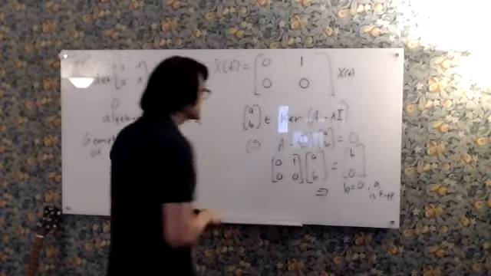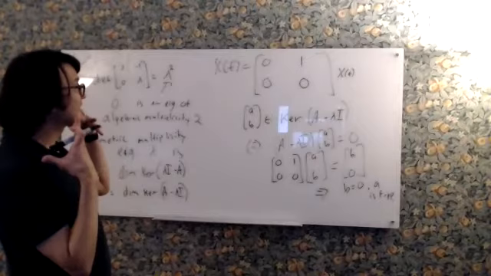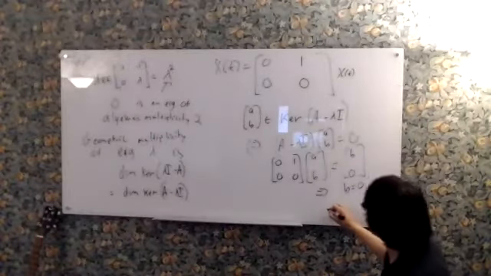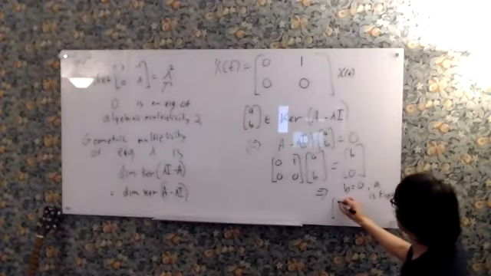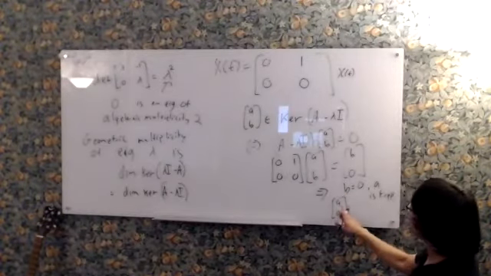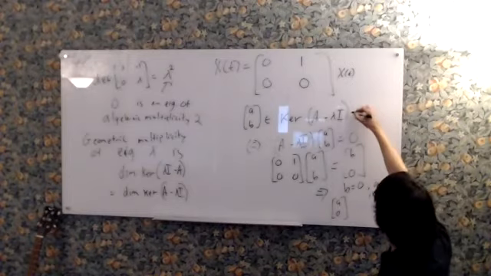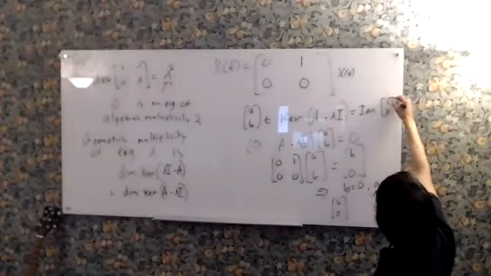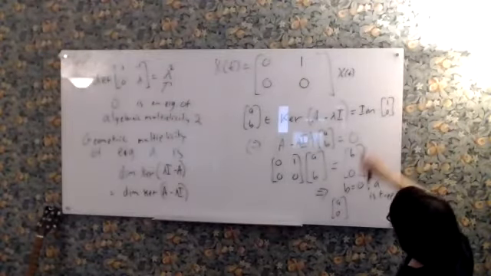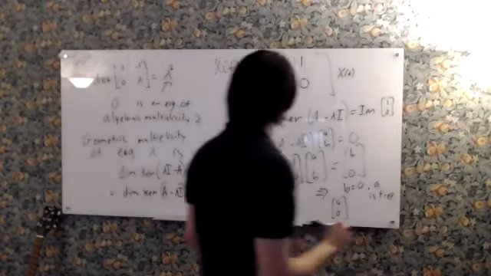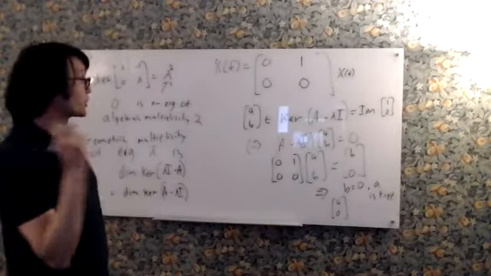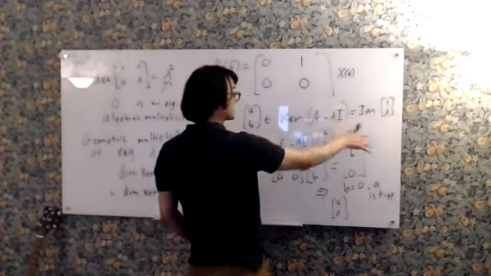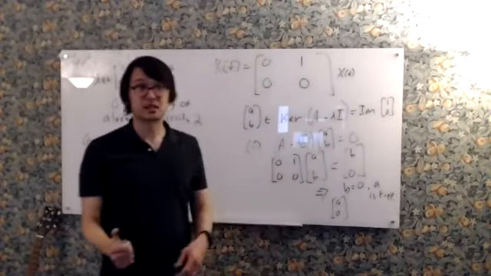So in particular, we must have this thing look something like this. Anything like that is in the kernel, the null space. So this thing is actually equal to the span of this vector, because that is a basis for all things that look like that. So the dimension of this space has got to be 1 because it's got a basis of size 1.